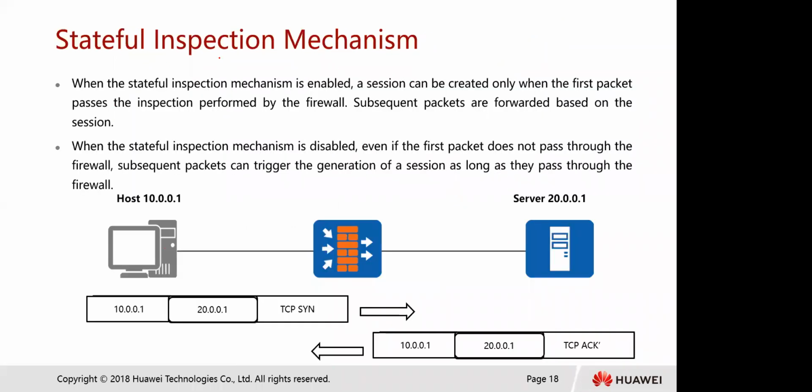So stateful inspection mechanism, we are still looking at it. And here, let us first look at TCP. For TCP, remember, for us to establish a TCP connection, what happens? We need how many shakes? We need 3 shakes.